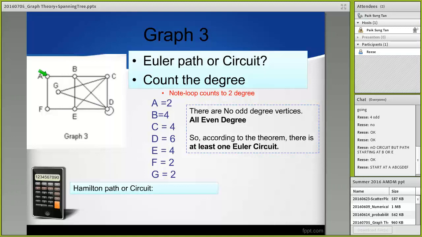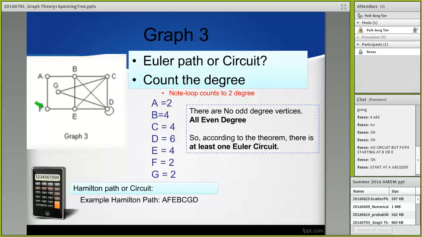Start at A, B, C, G, D, E, F. And if you go back to A, that will be a Hamilton circuit. But if you stop at F, there'll be a Hamilton path. Good job.